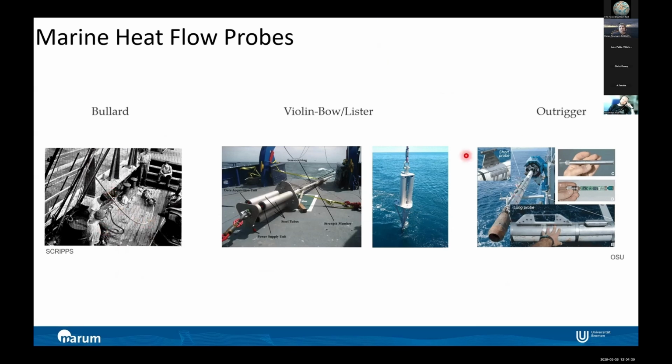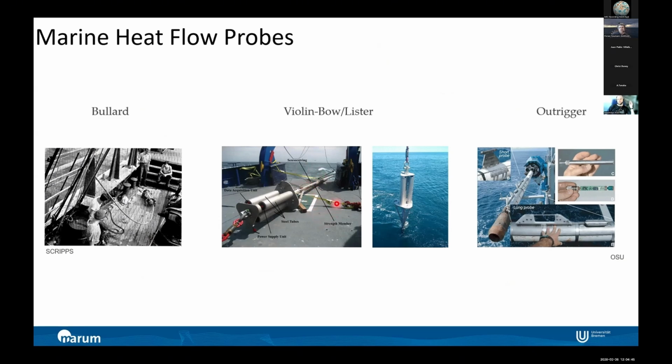And to avoid this, the later construction was then the Lister or violin bow probe type, where you have the strength member that helps the sensor string penetrate the sediment more easily. The principle, again, is similar, where you measure temperature, and in addition to the temperature, you measure the thermal conductivity.